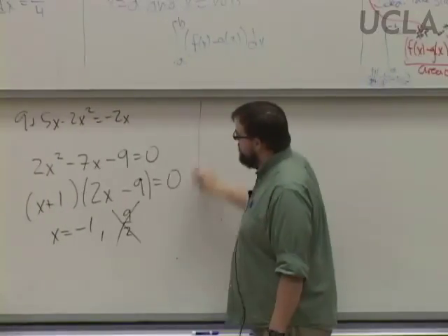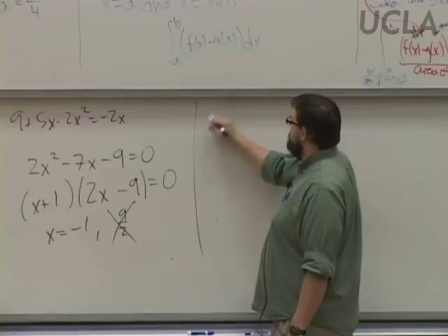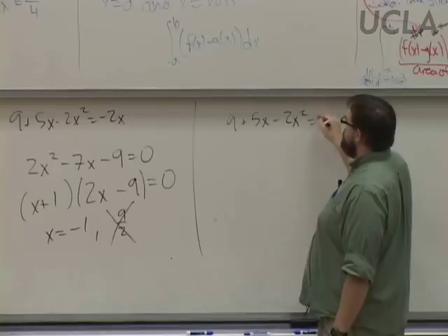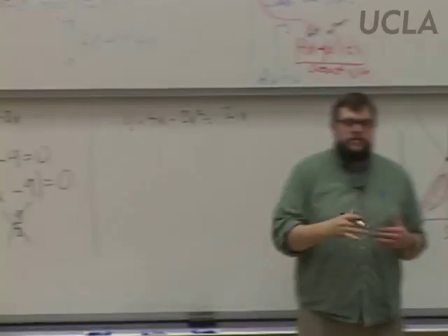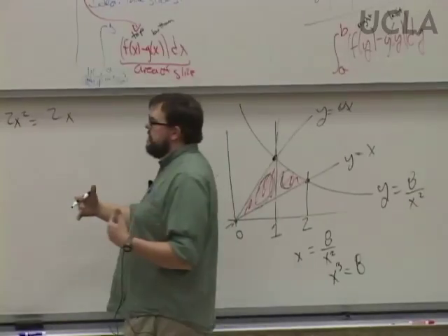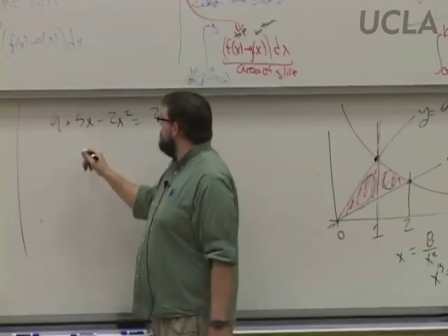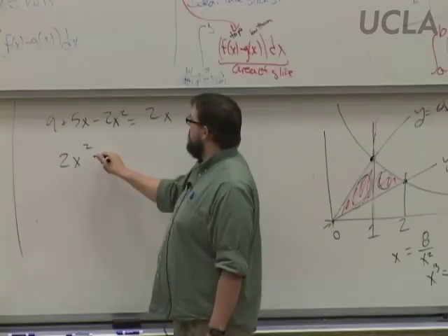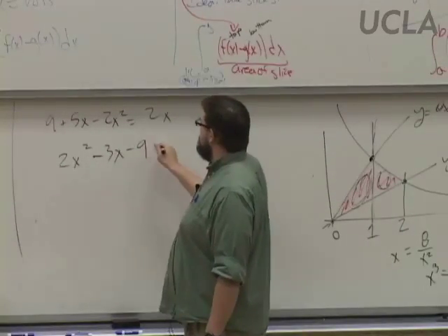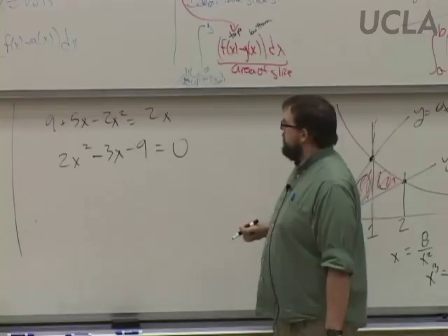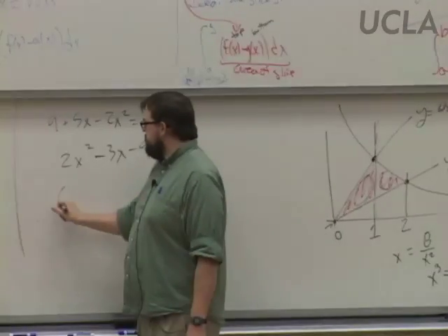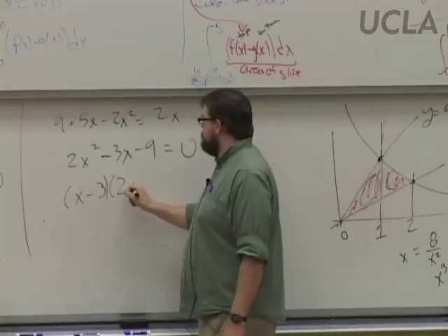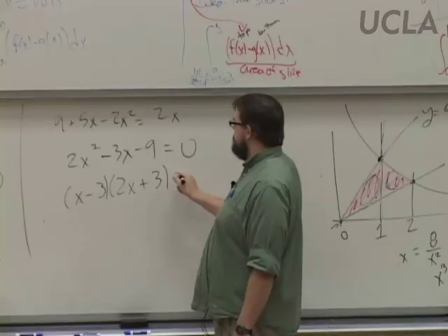Now, that's my first intersection point. The other intersection point is very similar. 9 plus 5x minus 2x squared equals 2x. Now I'm looking for the intersection where x is greater than 0. In that case, I think of 2 absolute value of x as simply 2x. Again, I can rearrange this. This is the same as saying 2x squared minus 3x minus 9 equals 0. And again, if you're really good at factoring, if not, use the quadratic formula, you'll see that this factors into x minus 3 times 2x plus 3.